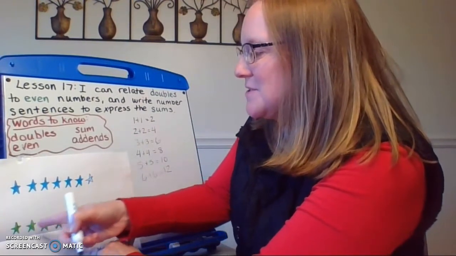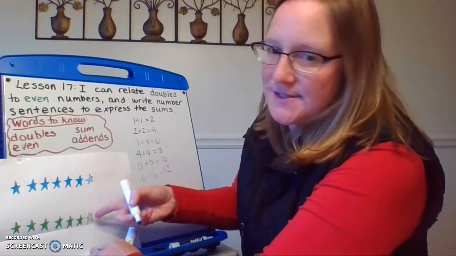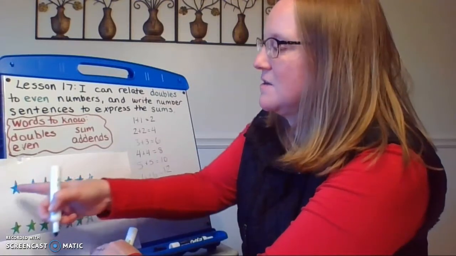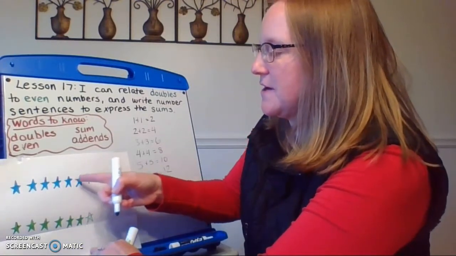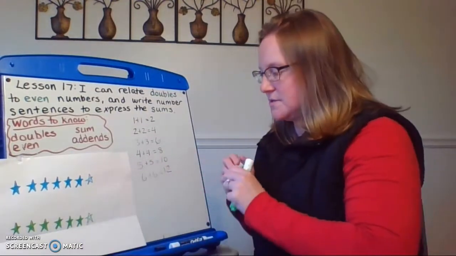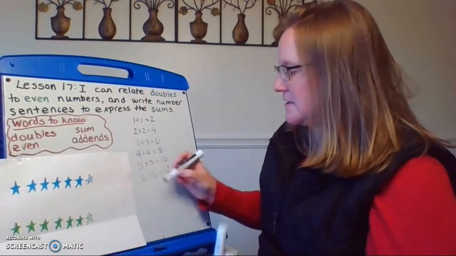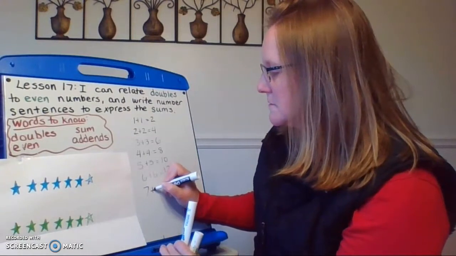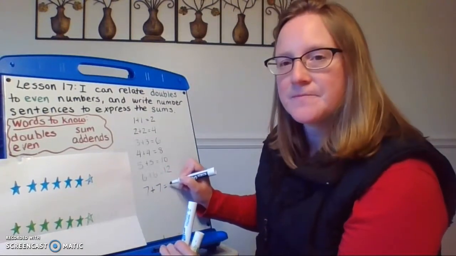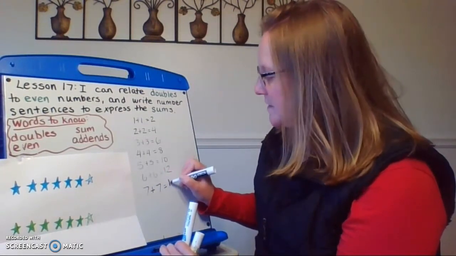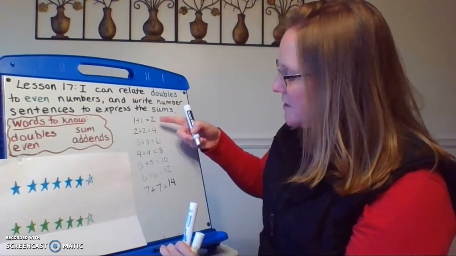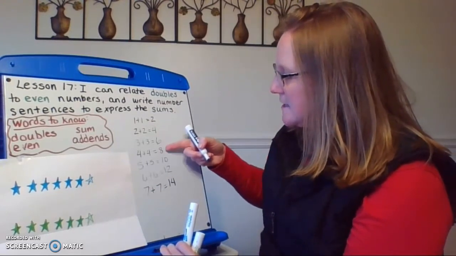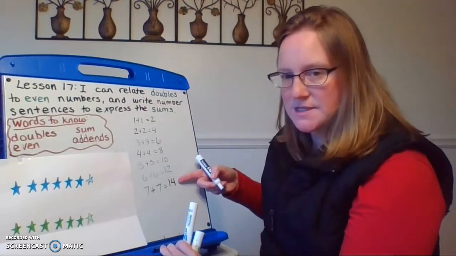So now I have 1, 2, 3, 4, 5, 6, 7 plus 1, 2, 3, 4, 5, 6, 7. So 7 plus 7 equals 14, right? We can look at this pattern. 2, 4, 6, 8, 10, 12, 14.